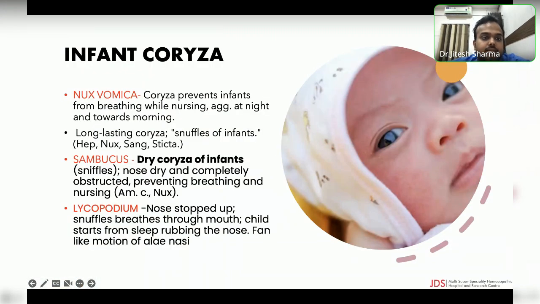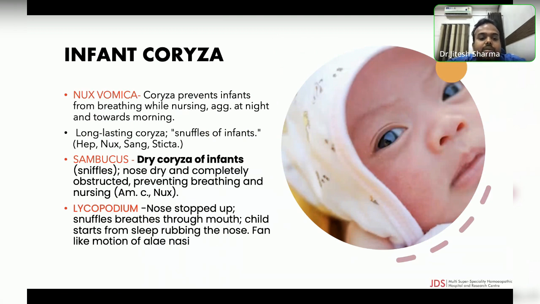Now, coryza, infant coryza. Nux vomica coryza prevents infants from breathing while nursing. So they cannot breathe while nursing due to the coryza. Think of Nux vomica. There is another remedy, that is Lycopodium. But in Lycopodium, the child keeps on rubbing his nose, and they have fan-like motion of the alae nasi. Also, the child breathes through the mouth.